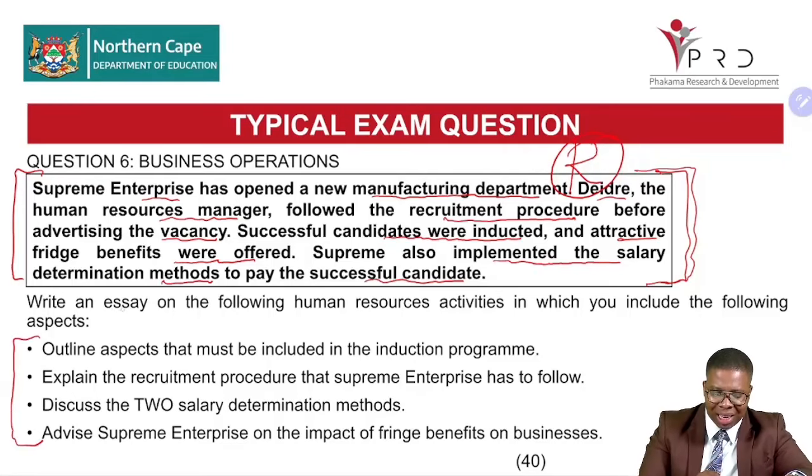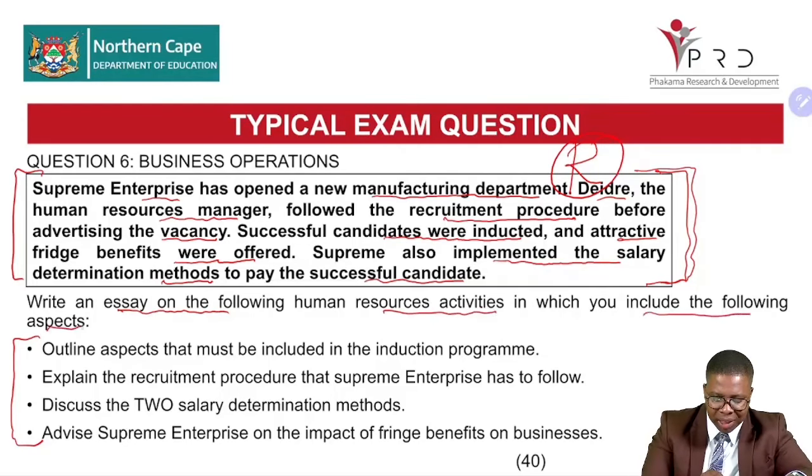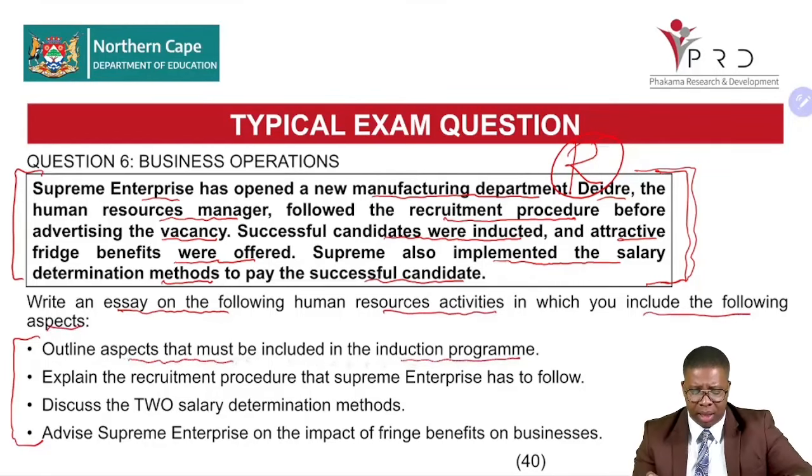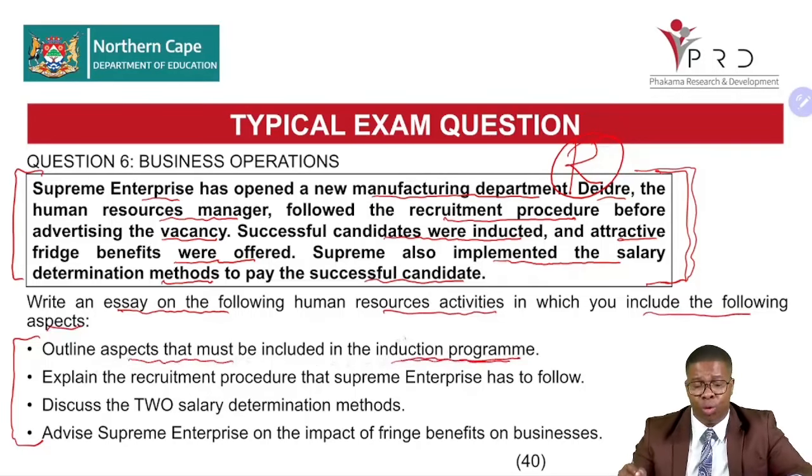So the question is, write an essay on the following human resource activities in which you include the following aspects. Number 1, you outline aspects that must be included in an induction program, maybe. That could be the question. It's important that you understand what is induction. Induction talks to introducing new employees.